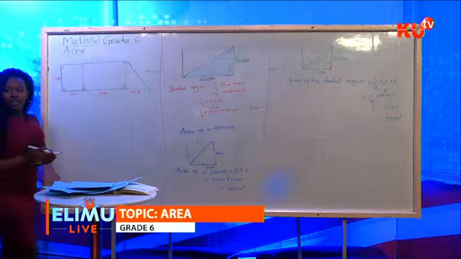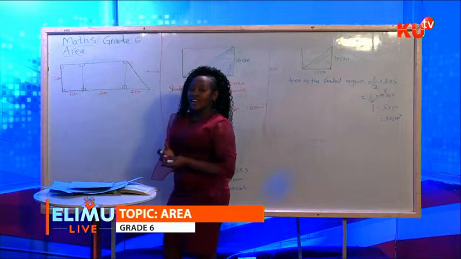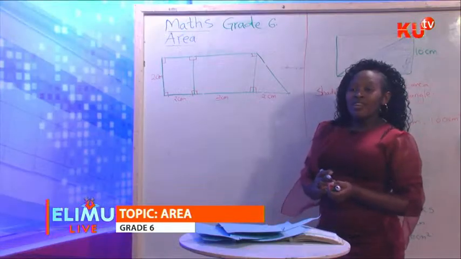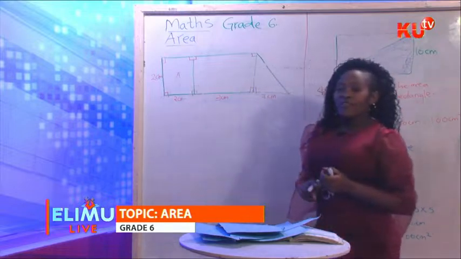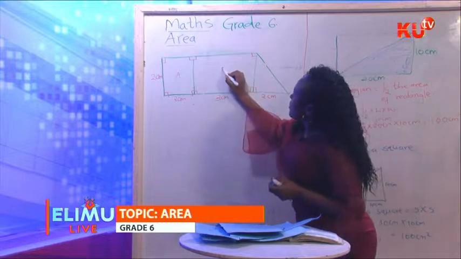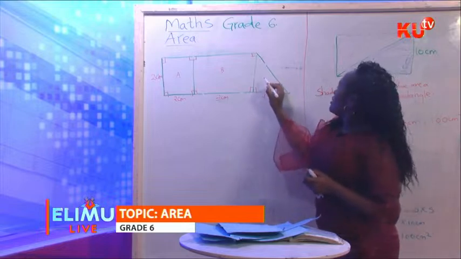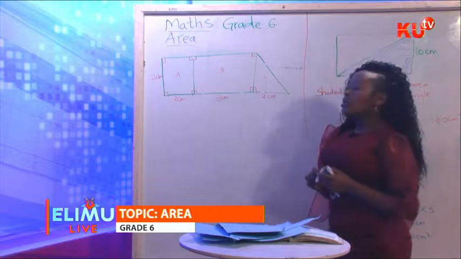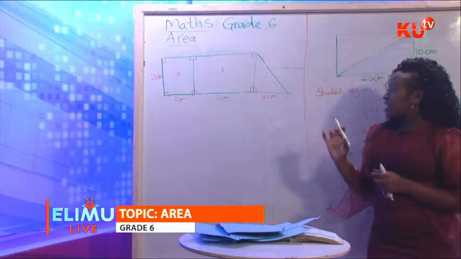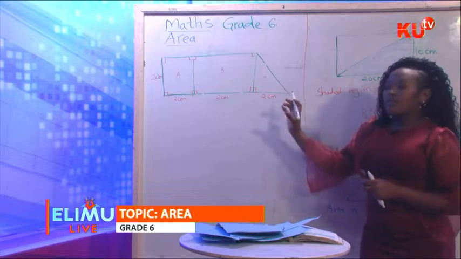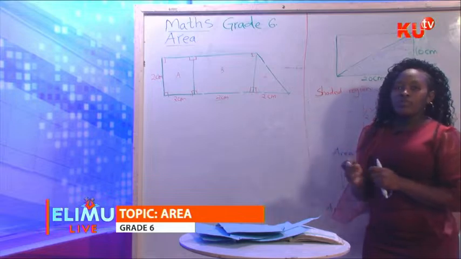As you look at this diagram here, we have got the three shapes that we have discussed. At first, we have got a square, which is area A. We have got a rectangle, which is area B. And we have got a right-angled triangle, which is area C. So, for us to work out this diagram, we have to find the area of each and every shape that is here, and then we add the three of them together.